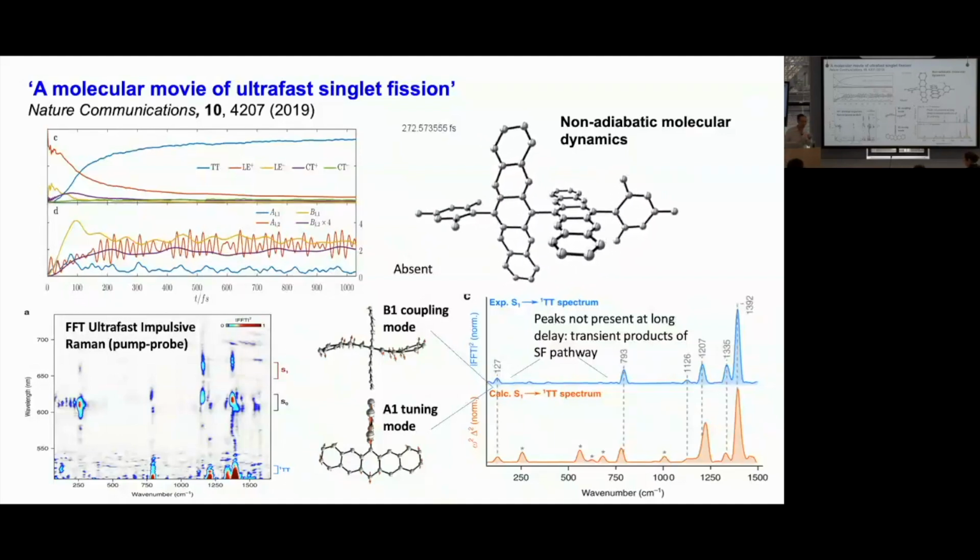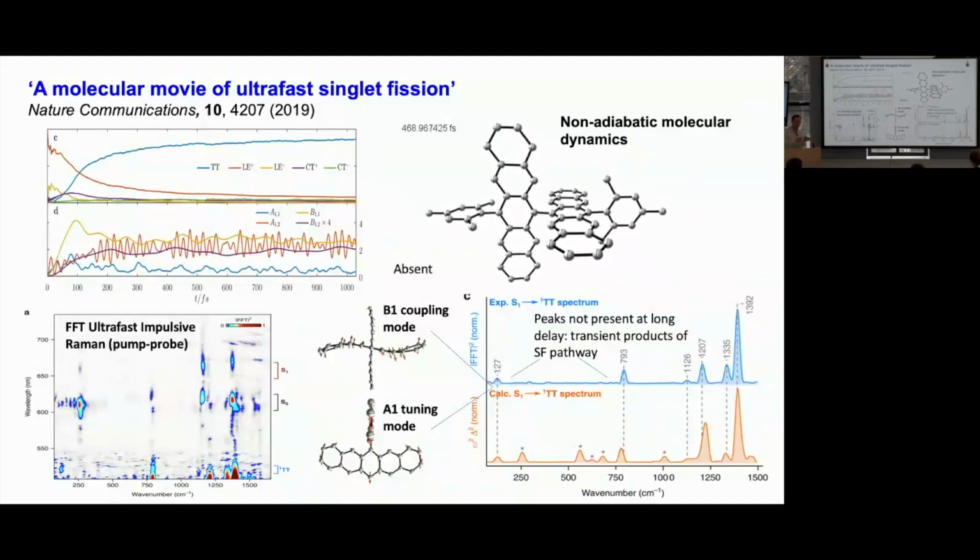This allows you to look at the Raman signatures and vibrational coherences on different excited states rather than just the usual. By varying that time delay, you can look at vibrational coherences, for example, on the TT product state shortly after they've been formed by these various pathways that I showed, or at some very long time where everything about how it was formed has in principle gone away.